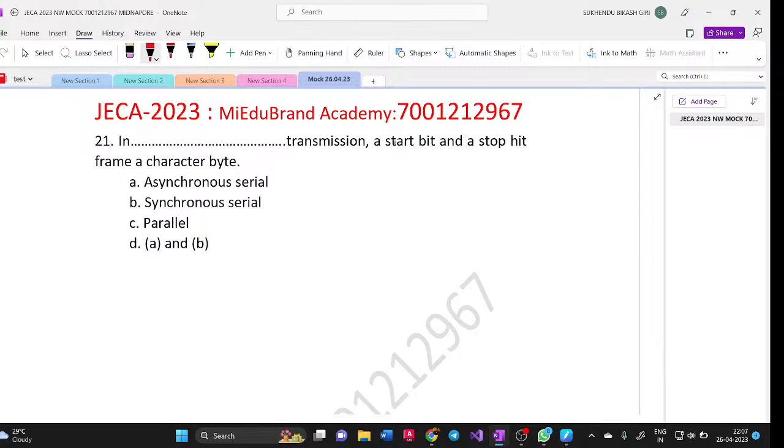In dash transmission, the start bit and stop bit is required for each character byte. Answer it.